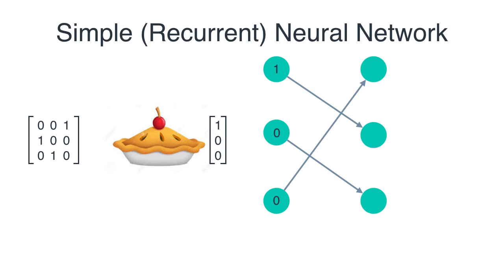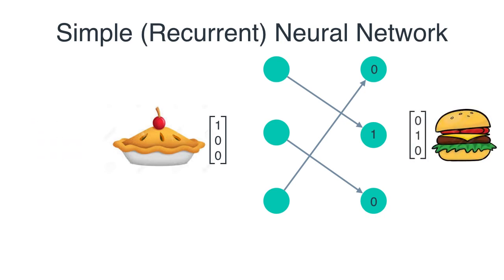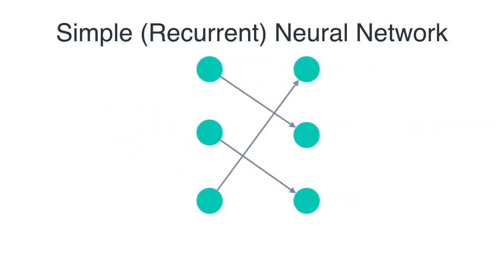And the edges with label 0 are just not drawn. So this matrix multiplication is exactly doing this. And now we get the vector corresponding to a burger. And you can always check that if you put in the vector of the burger, you get the chicken. If you put the chicken, you get back the apple pie. So this is how the neural network looks.